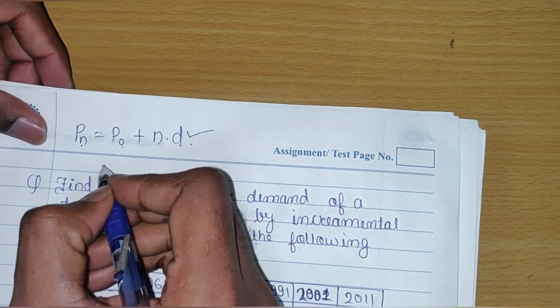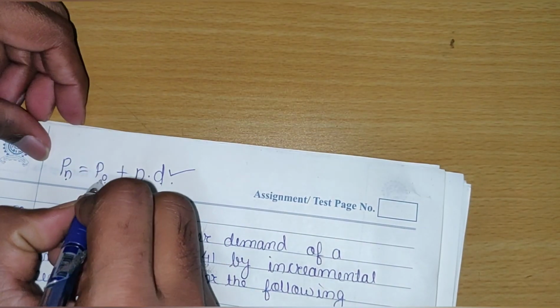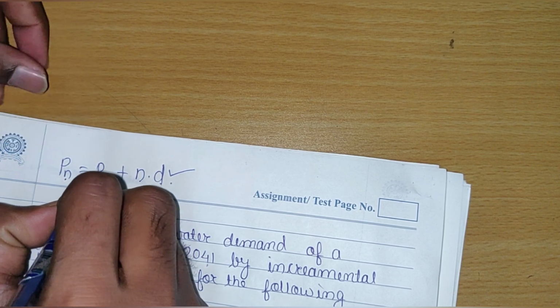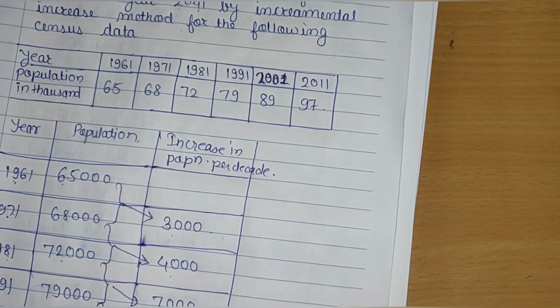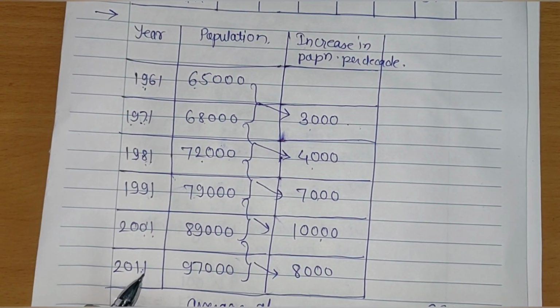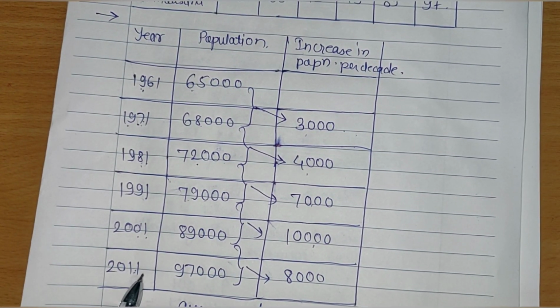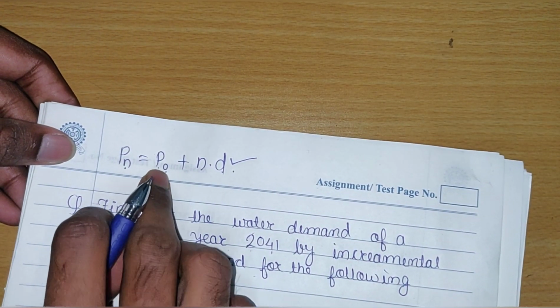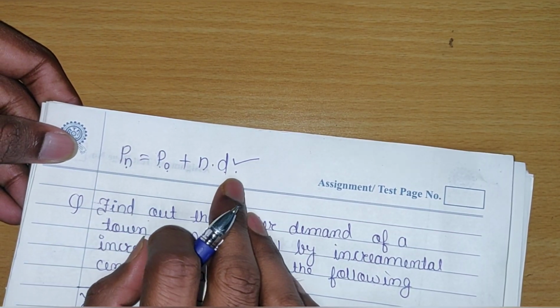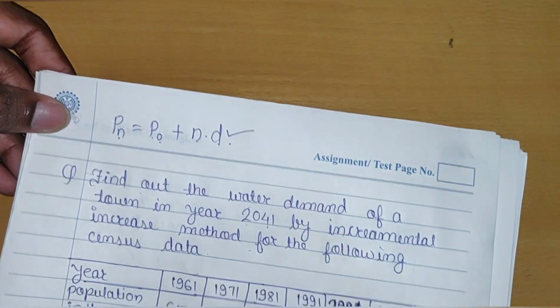Now we have the present population. The present population is 97,000, the population of 2011 is given. P0 is the present population, or the population given for the last year.